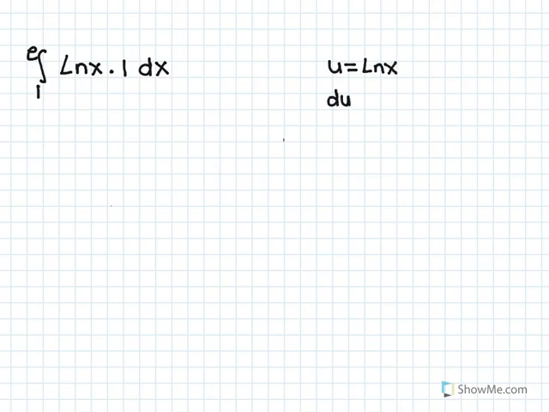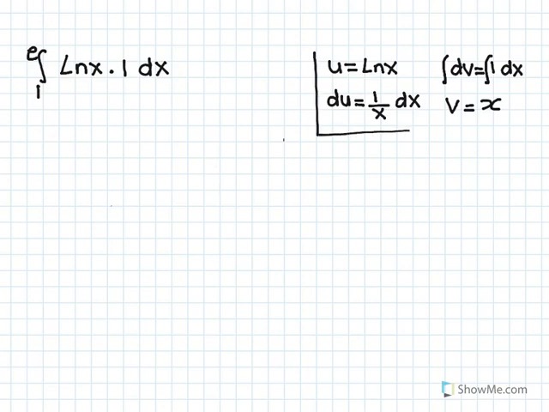Its derivative du is equal to 1 over x dx. We'll let dv be equal to 1 dx, and the antiderivative of 1 is just going to be x. So we're basically integrating both sides. The integral of dv is just going to give us v, and the integral of 1 will give us x. Let's put this in a box.